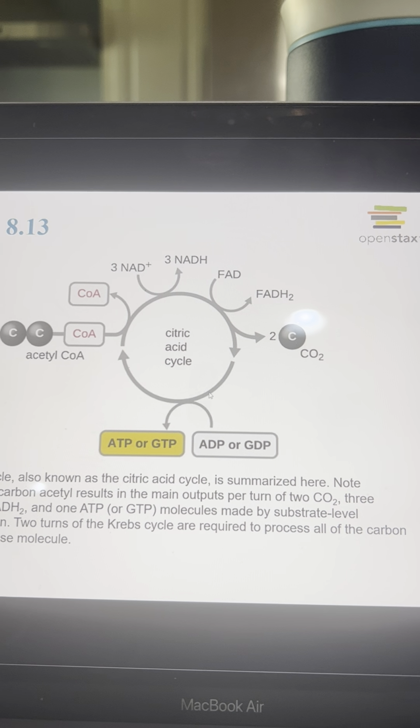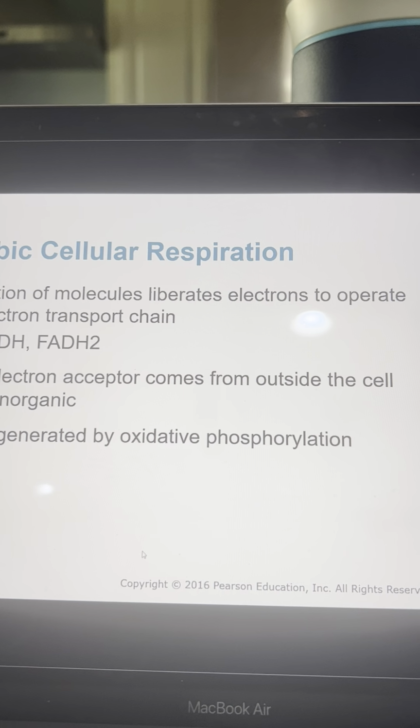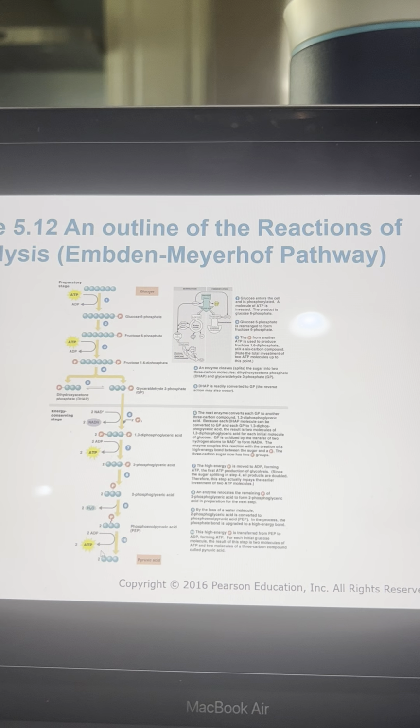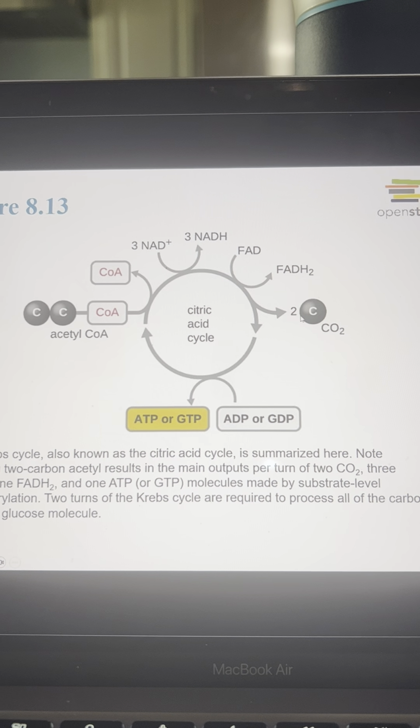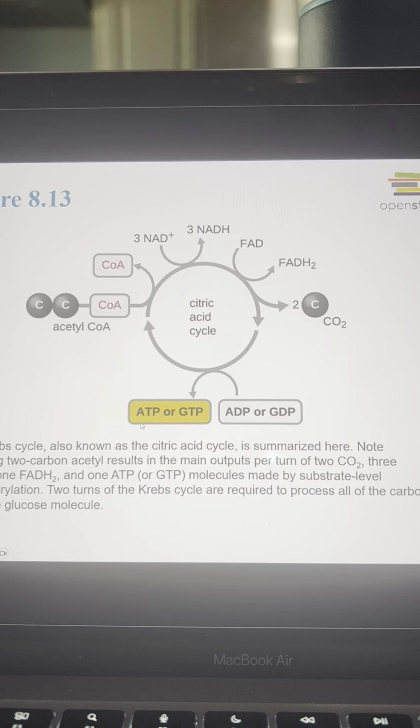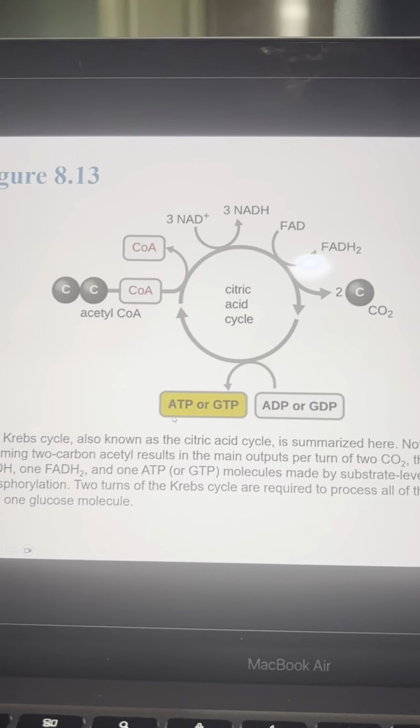So this is gonna do 2 times because you have 2 of these. Okay, so that's why for this you need to double. So in the end, per glucose molecule in the citric acid cycle, you get 6 NADH, 2 FADH2, 4 CO2, and 2 ATP. So that's the Krebs cycle.